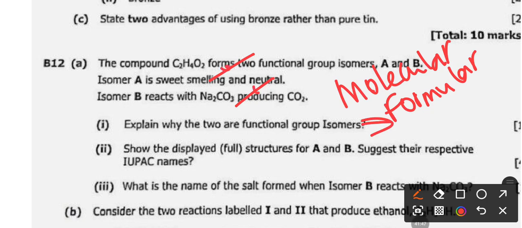To have a better understanding, we should know what a functional group is. A functional group is basically an atom or group of atoms that denote the chemical properties of an organic compound.